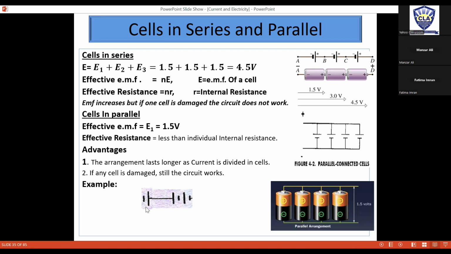And this will be in negative, that if this is E1 and this is E2, in this case, E2 minus E1 will be your net EMF. We'll be subtracting the smaller cell because it will be against the EMF of the larger cells. So your net EMF will be 1.5 volts.